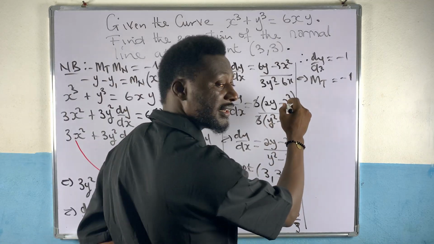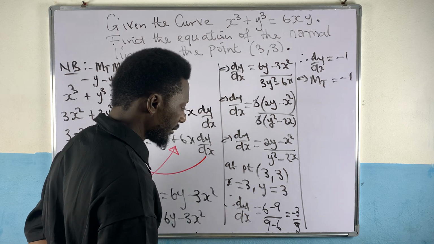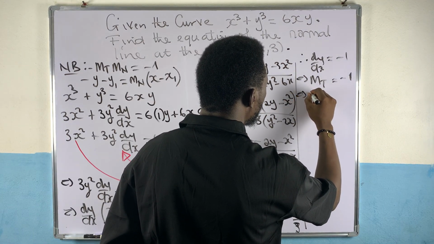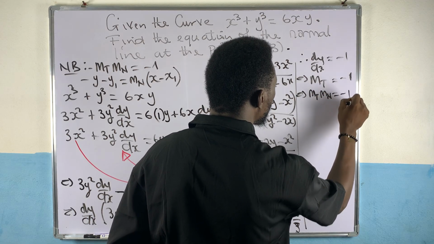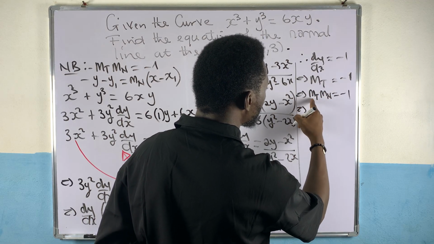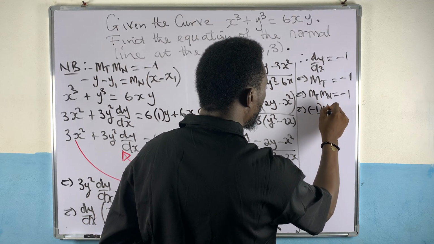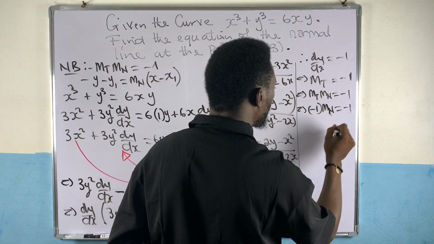But we know that, from that relationship, the gradient of the tangent times the gradient of the normal should be equal to negative 1. So substituting the gradient of the tangent as negative 1, negative 1 times mn should be equal to negative 1.